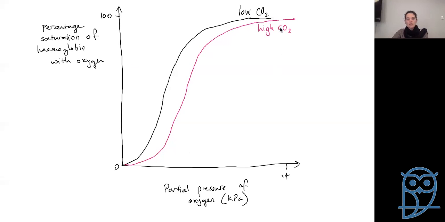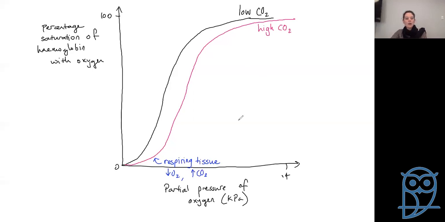If we have high carbon dioxide, when we think about our respiring tissues, our tissues are going to be on this pink line. Okay, so our respiring tissues, low partial pressure of oxygen, high partial pressure CO2. Okay, so low oxygen, high CO2.